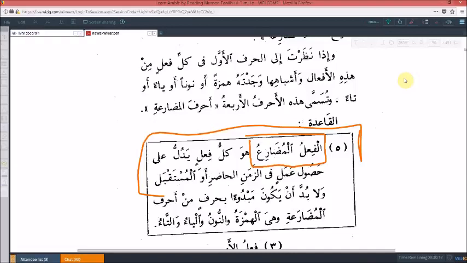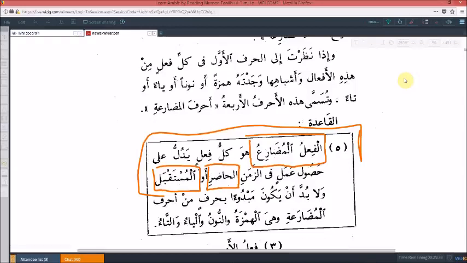Remember, we're going to make a few points here inshallah ta'ala. Number 1, فعل مضارع is every verb which points towards the doing of an action في زمن الحاضر, which is another word for مضارع, the present, right? أو المستقبل. مستقبل is the future.